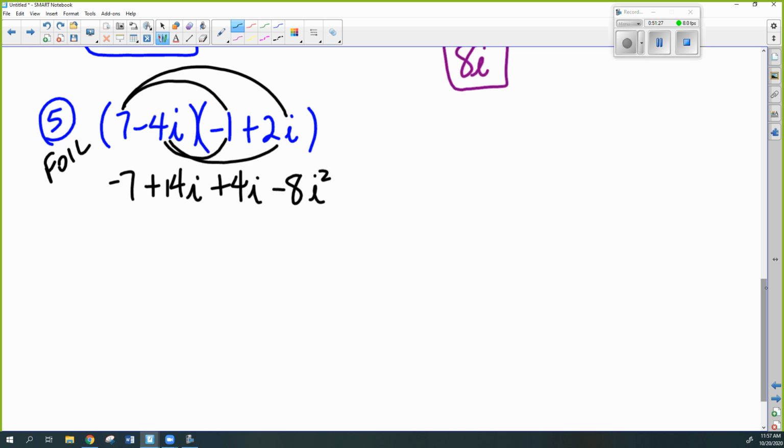Now I have to combine like terms, and I have to make sure that I take care of i squared over here. What's i squared equal to? Good, Remy. All right, i squared is one of those ones that you have to know is equal to -1. And it's going to be multiplied by that -8.